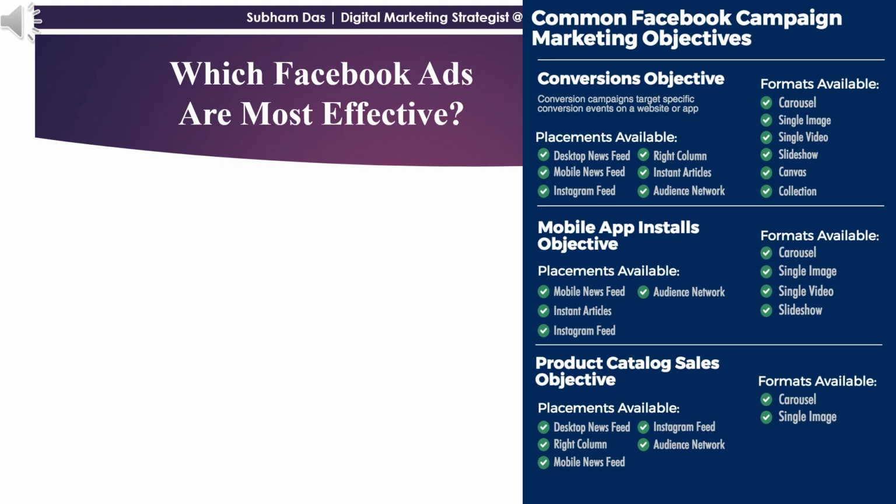So these are the placements of the ads, these are the objectives of the ads, and these are the ad formats that are available for Facebook advertising. From this image you can make out what the objective of your Facebook ads is and what will lead to fulfilling the objective. That is how to make the most of Facebook ads.